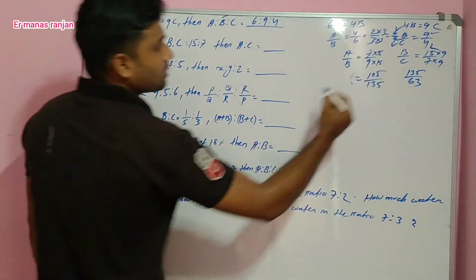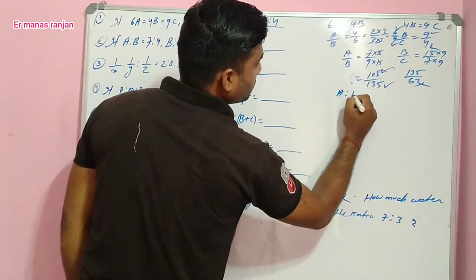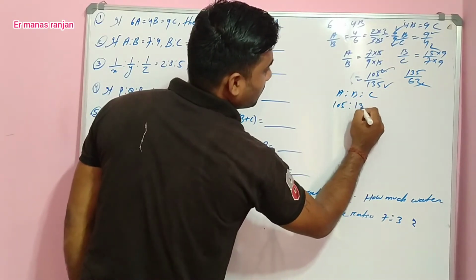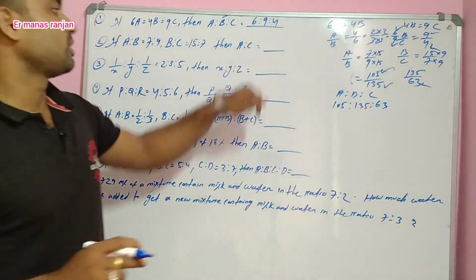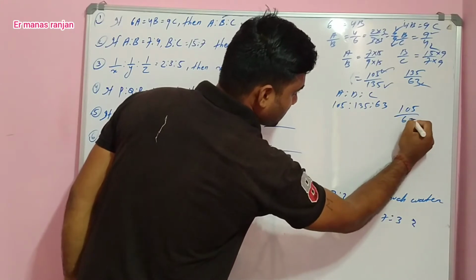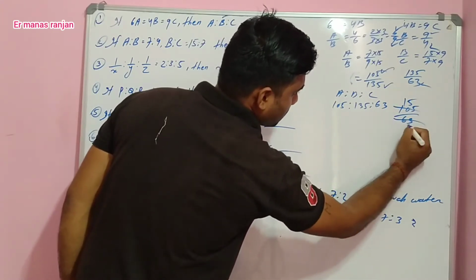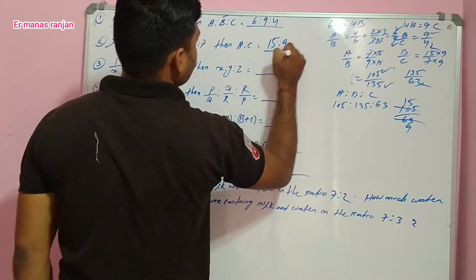This one is A, this one B, this one C. So A is to B is to C is 105 is to 135 is to 63. A is to C is 105 to 63, which is 15 is to 9. 15 is to 9 is your answer.